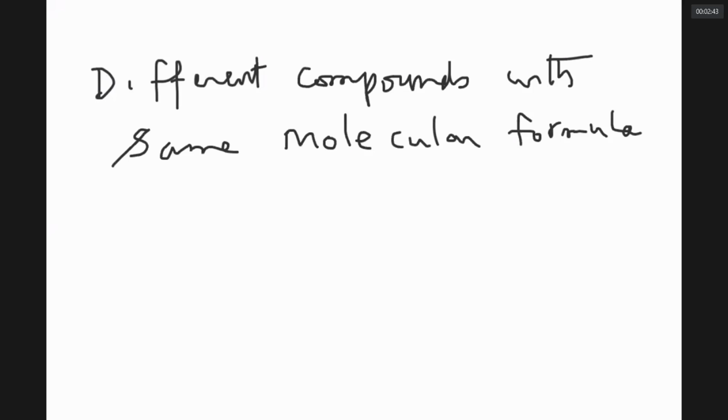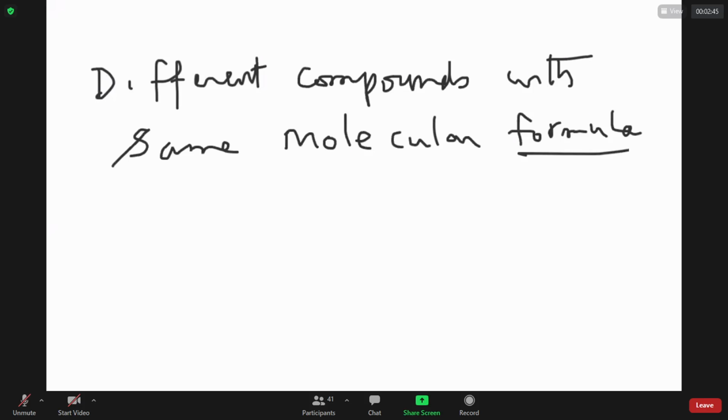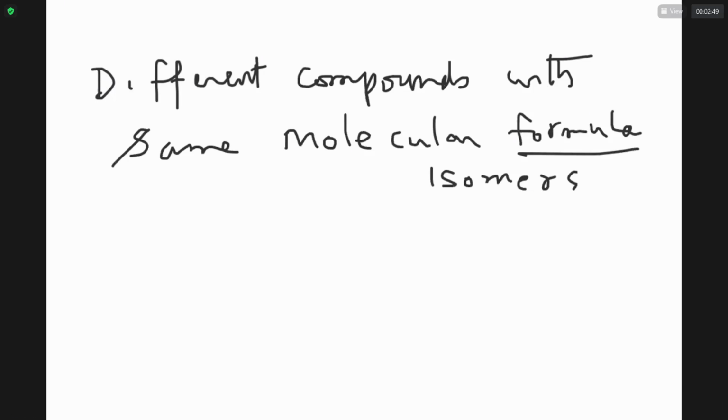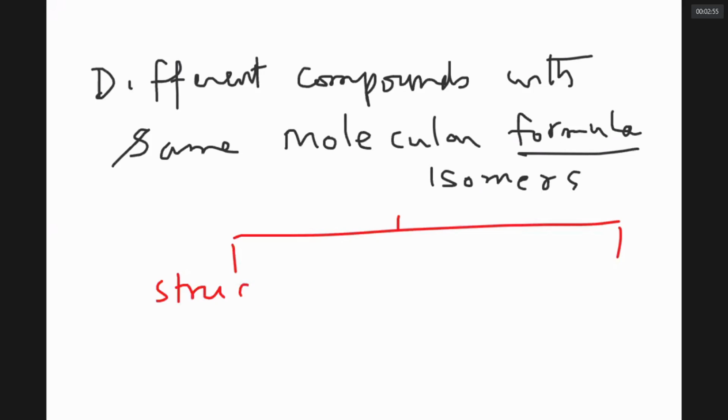Different compounds with the same molecular formula are called what? Isomers. Isomers are how many types? Structural isomers. The second category is stereoisomers.